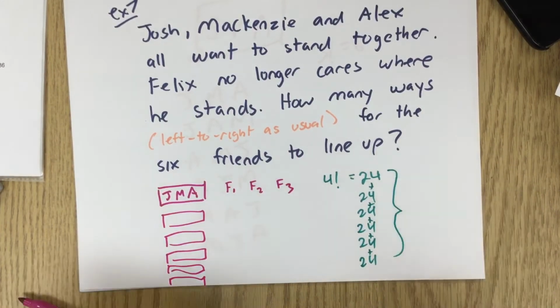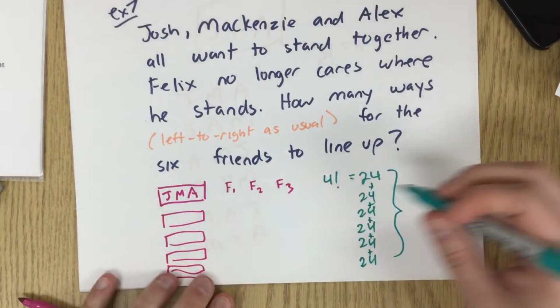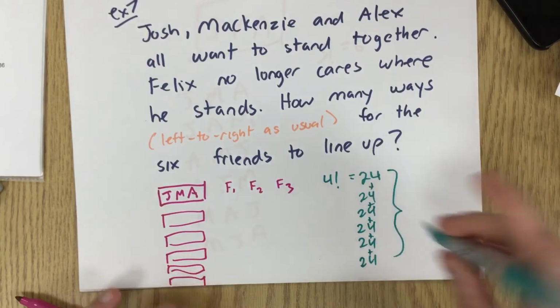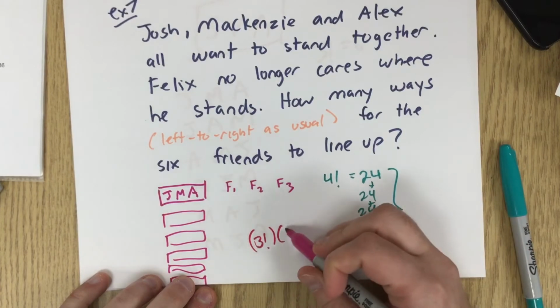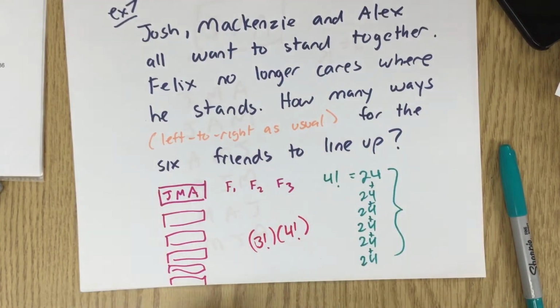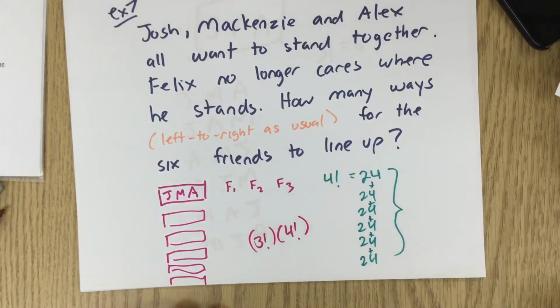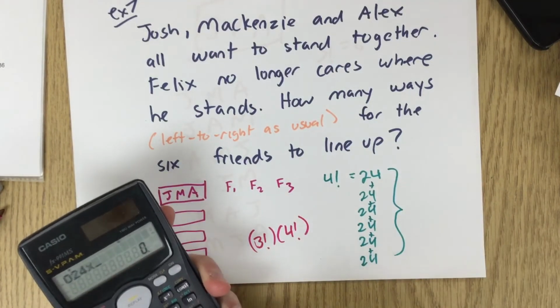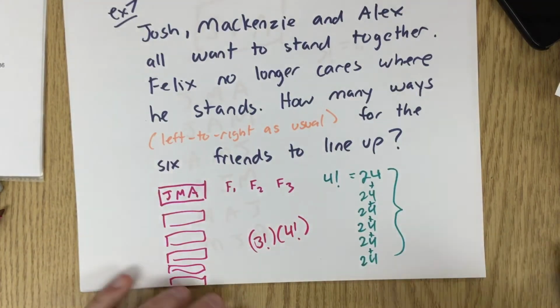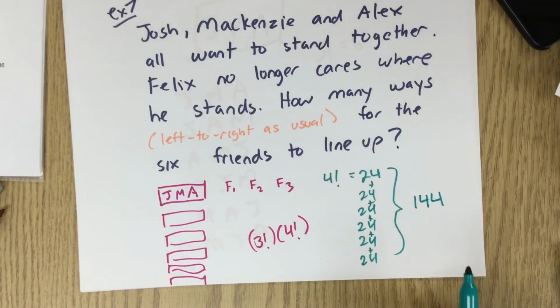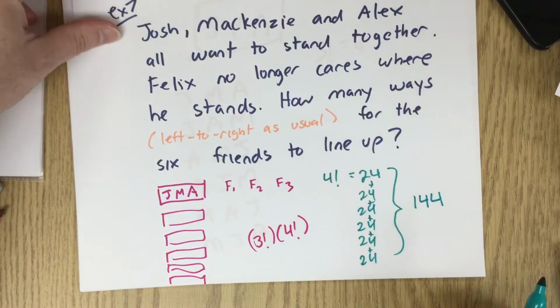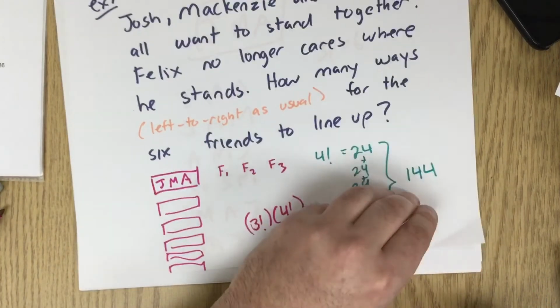Another way of writing that is the number of ways of organizing the block, which is 3 factorial, times the number of ways of lining up the 6 friends, including the block. Either way, 24 times 6, you would get 144. So there's 144 ways to line up the 6 friends such that Josh, Mackenzie, and Alex are together in some way, shape, or form.